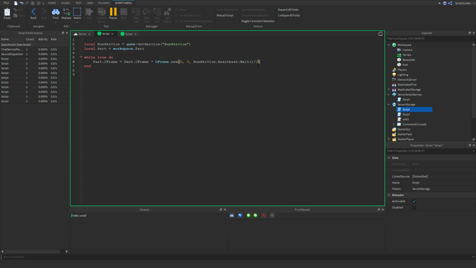like I said, this is our rate of time, so this is per second. So we're going to move it some number of studs per second. Since this is per second, this is a percentage of a second. Now we're going to multiply it by how many studs we want this to move in that 1 second.